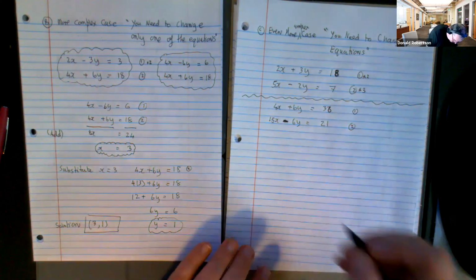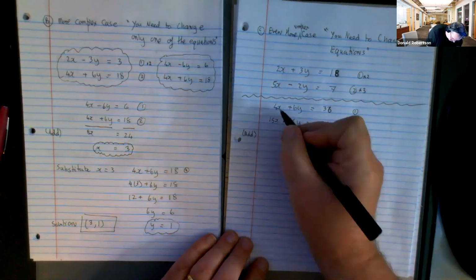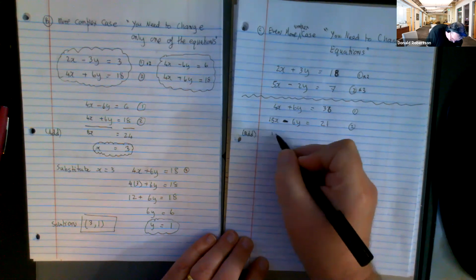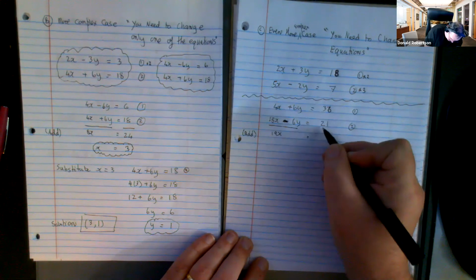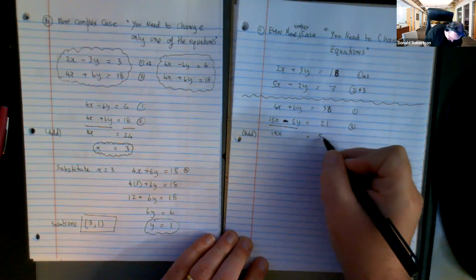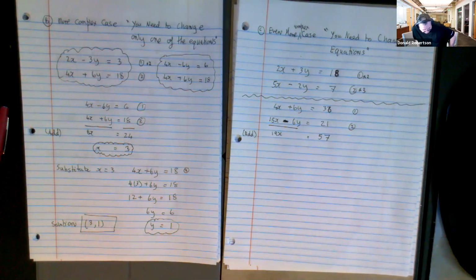So I will add. And these two get me 19x. These two cancel out. And those two, when you add them together, get you 57.